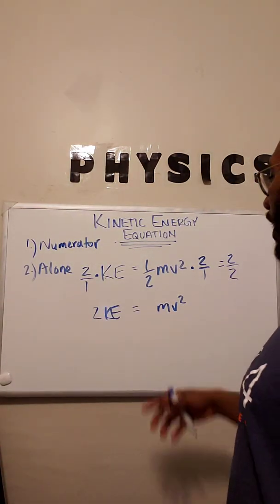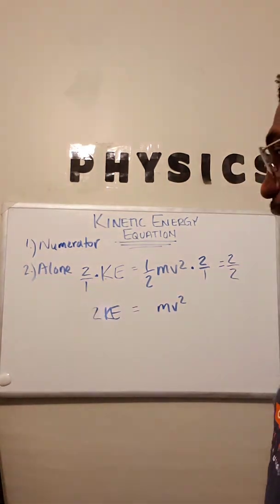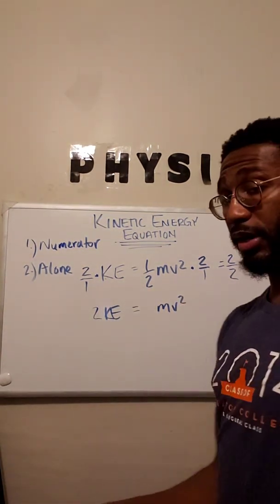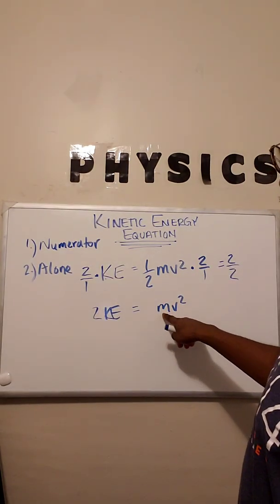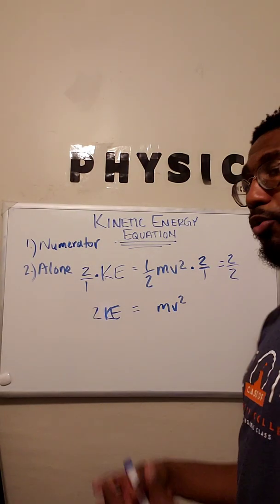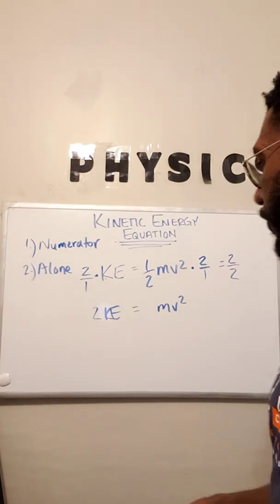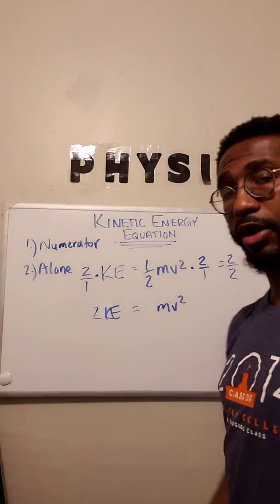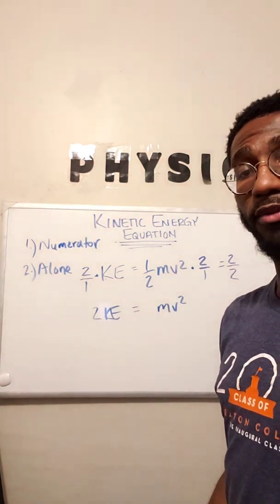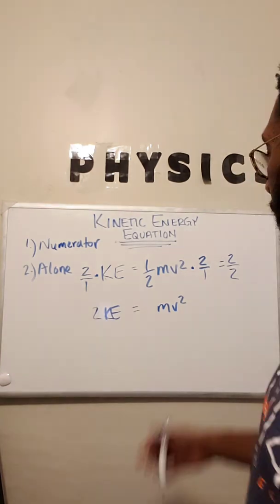Now, m is still hanging out with another friend, v squared. So it's time for v squared to leave and go home. In order to get v squared away from m, I need to figure out what is holding them together. Now, like we mentioned earlier, if you don't see an operation between two variables, you assume that the variables are being multiplied.